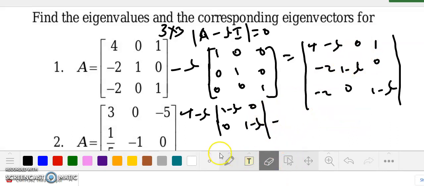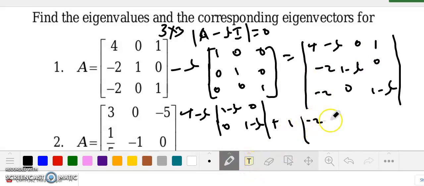The next one will be plus 1 into the 2 by 2 matrix we have, if you close the row and column, with rows negative 2, 1 minus lambda and negative 2, 0. You know how to find the determinant of a 2 by 2 matrix.